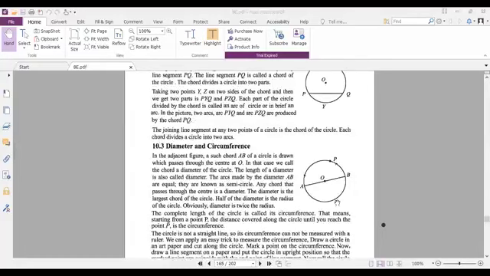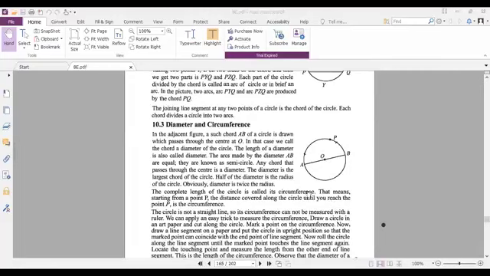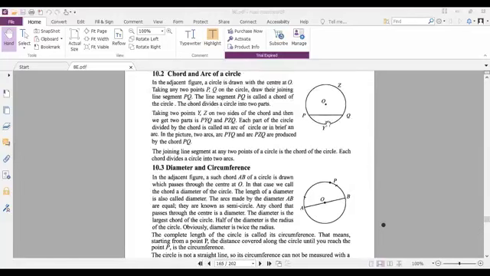Diameter and circumference. Here we get 2 points A and B, just like this.